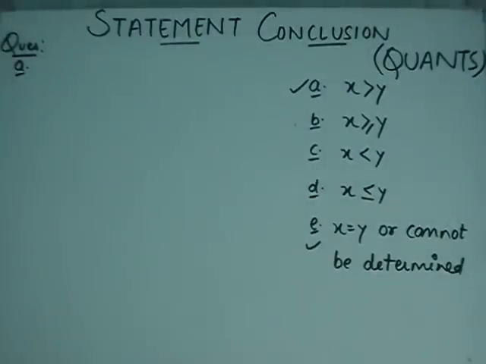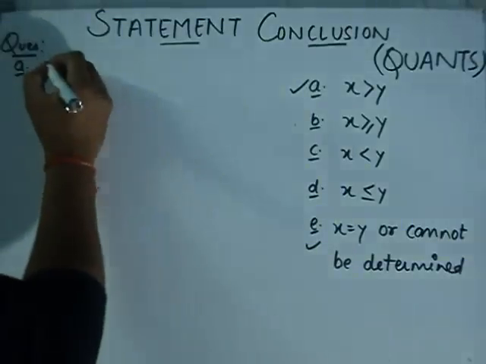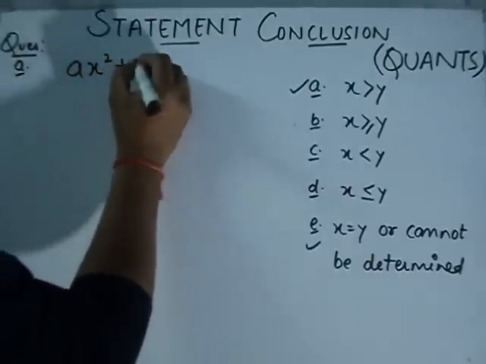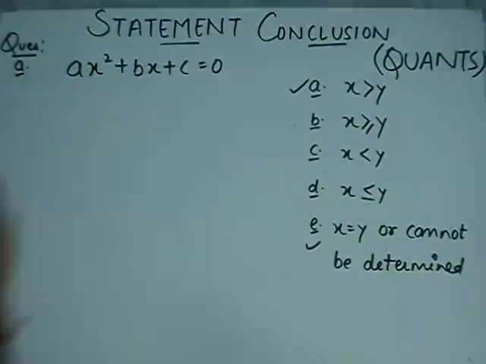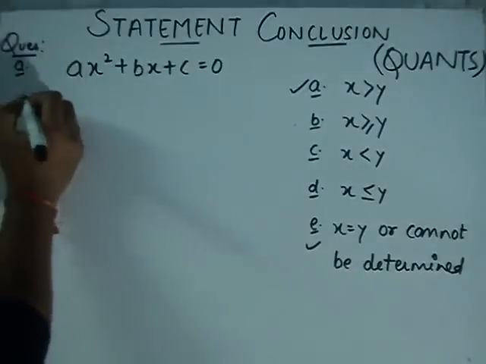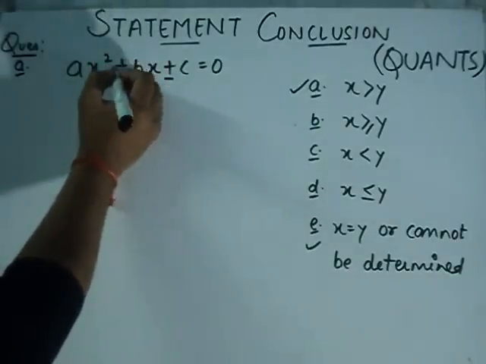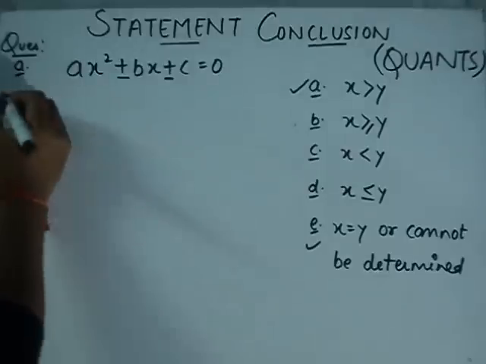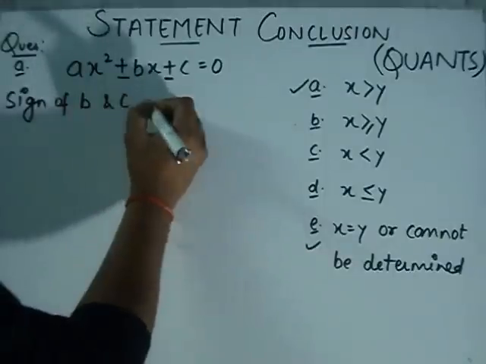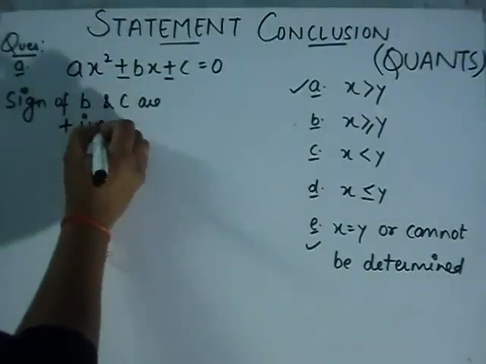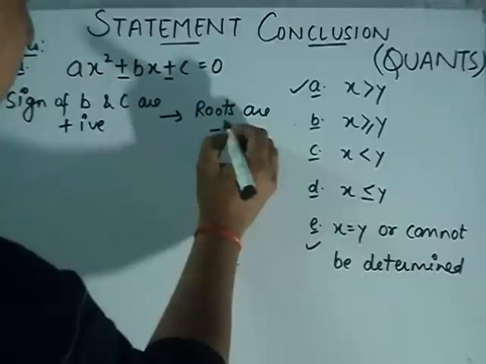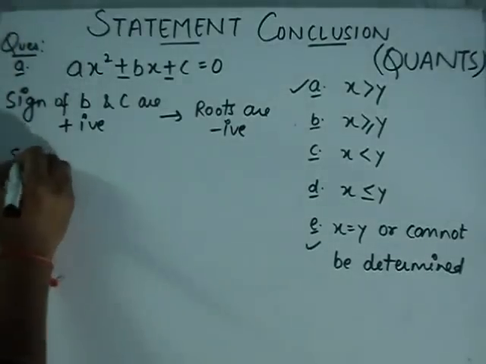When we have an equation like ax square plus bx plus c is equal to 0, when the signs of the coefficients b and c are both positive, then in that case the roots are negative.